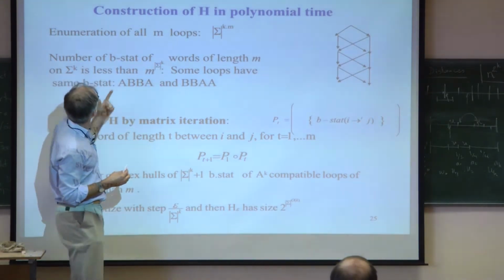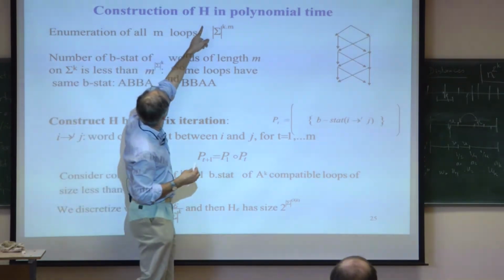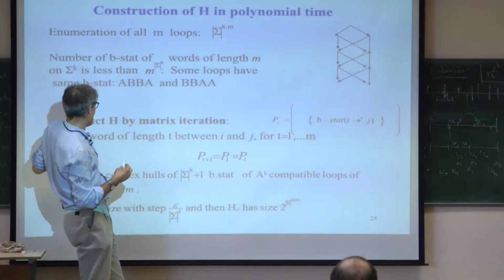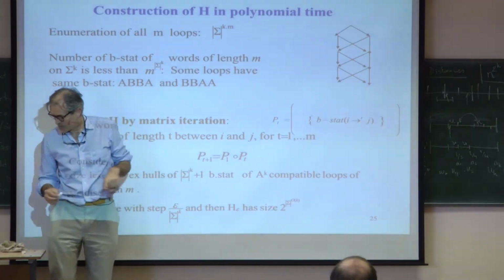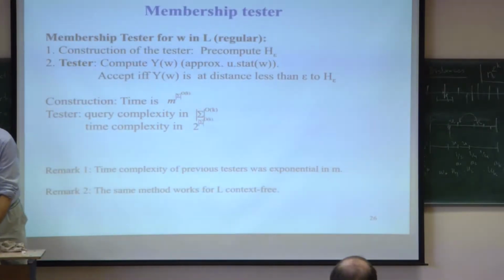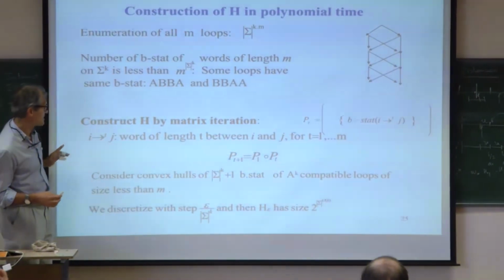Okay, so that explains why H is a polynomial time object, and what you can do is compute it by just matrix iteration.